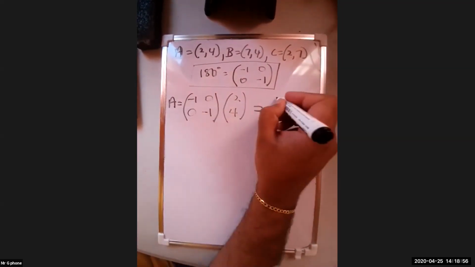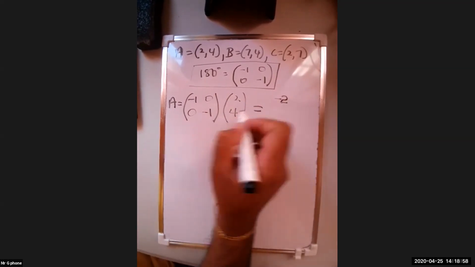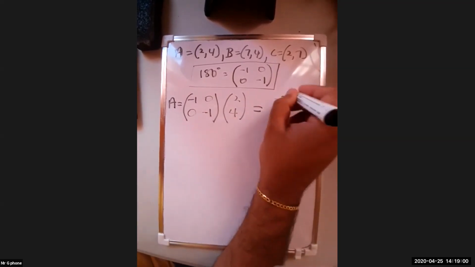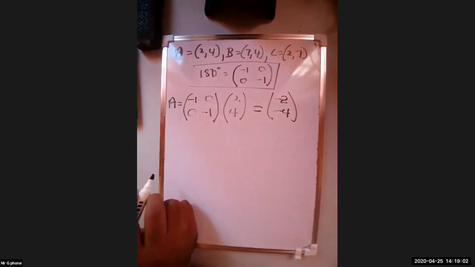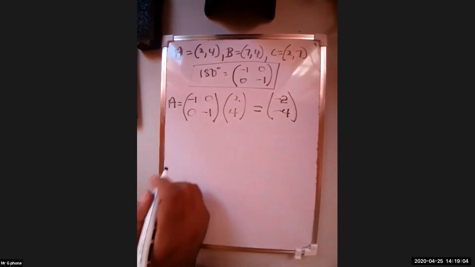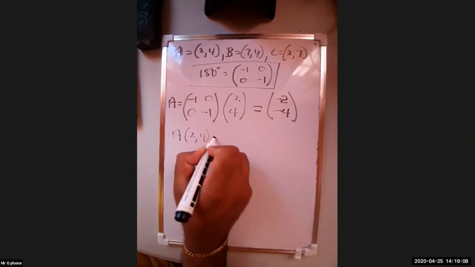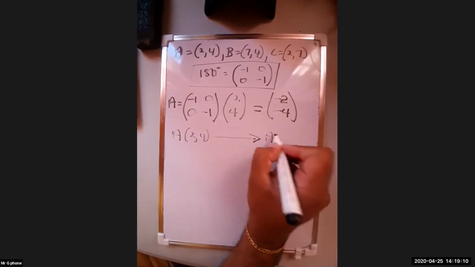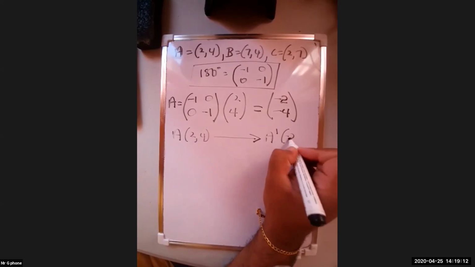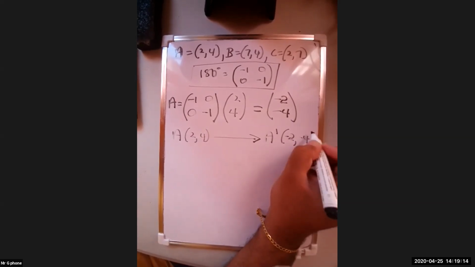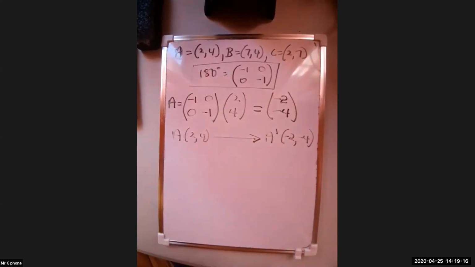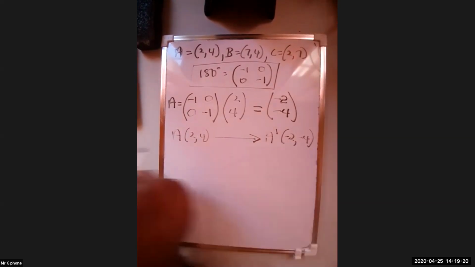Negative 1 by 2 is negative 2. Negative 1 by 4 is negative 4. So the values for A are negative 2, negative 4. So A, which is 2, 4, underwent a transformation and it became A1, which is negative 2, negative 4. Right? So you could say it is mapped onto this.